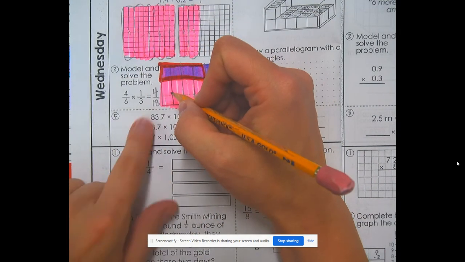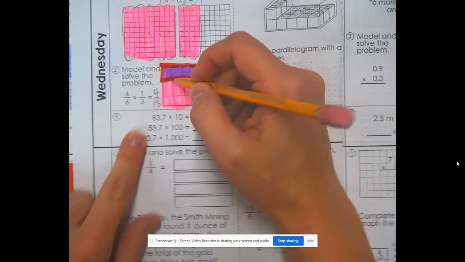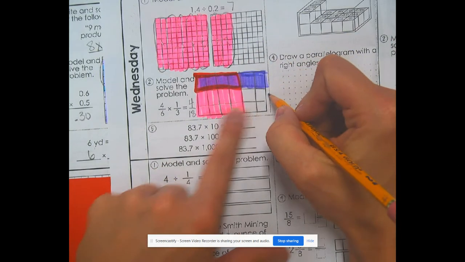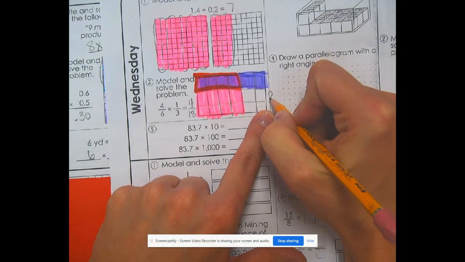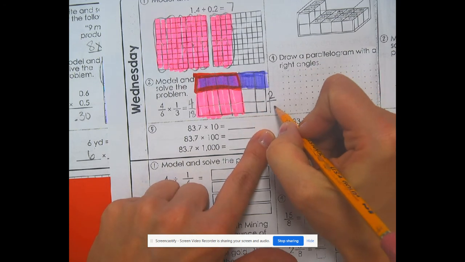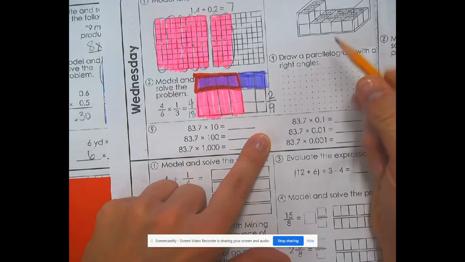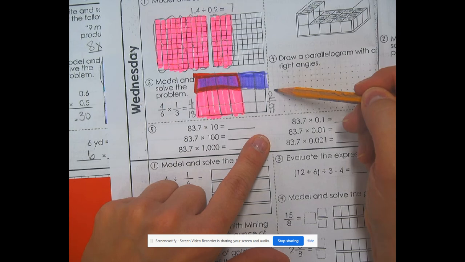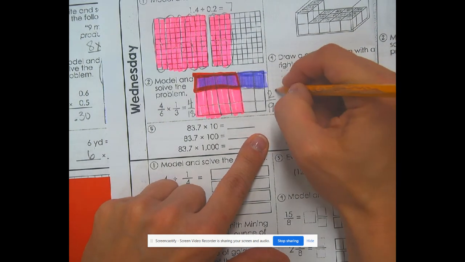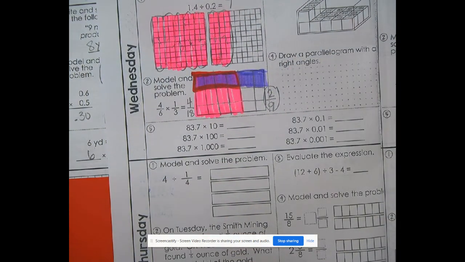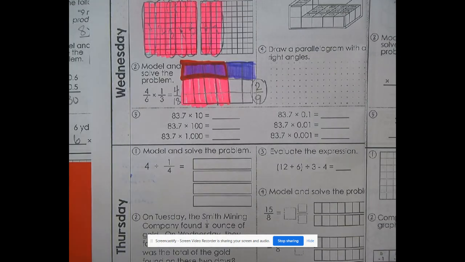So they're not in simplest form. So what can we divide by? 2. So 4 divided by 2 is? And 18 divided by 2 is? 9. Okay? Can 9 be divided by 2? And 2 is prime. So 4/6 times 1/3 equals 2/9.